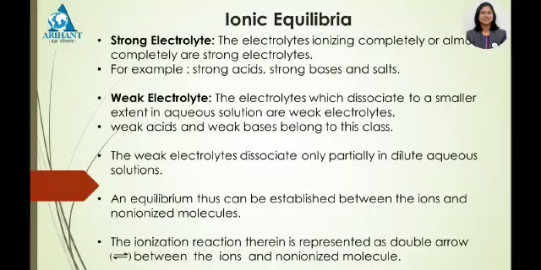For example, strong acids, strong bases, and salt. Here we can quote an example, NaCl. When you dissolve salt in water, you get complete ionization. So you get Na plus ions and Cl minus ions.